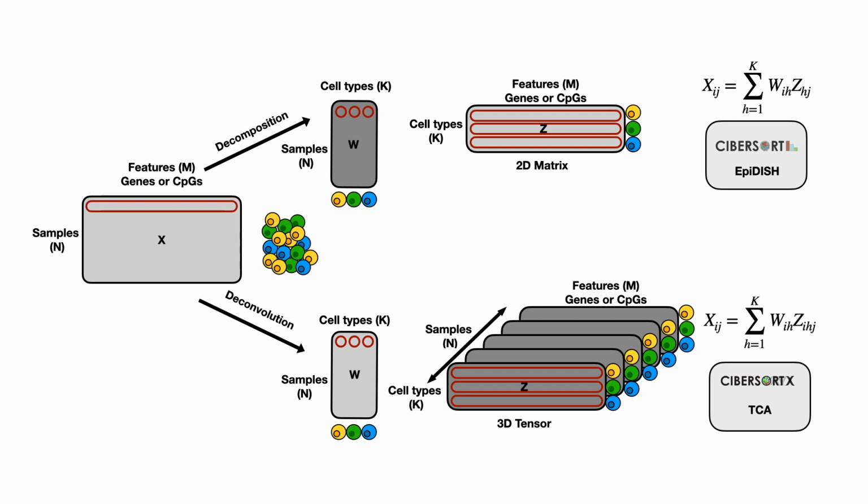We also model the bulk level profile as a weighted average. The weights are still coming from the sample specific cell type proportions, but now the Z has three indices. Some of the methods that fall under this framework are CIBERSORTx for RNA and TCA for DNA methylation.